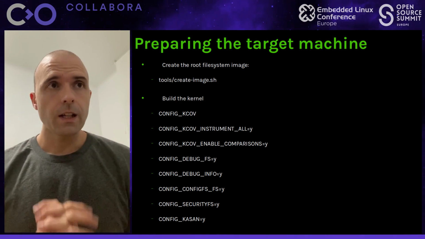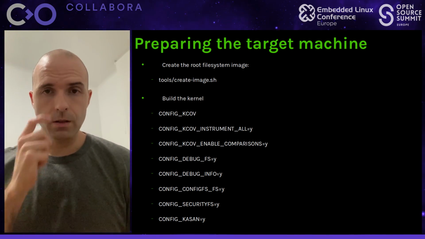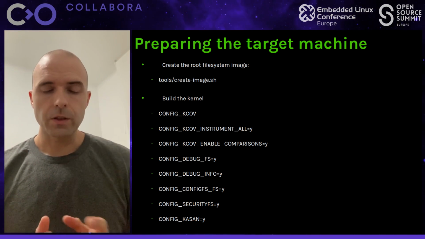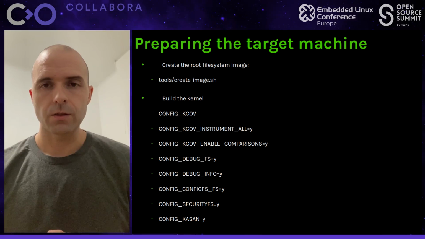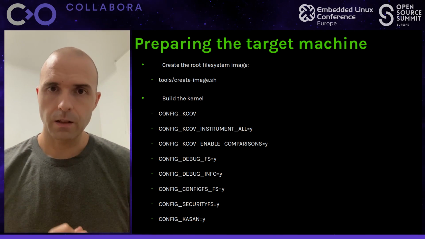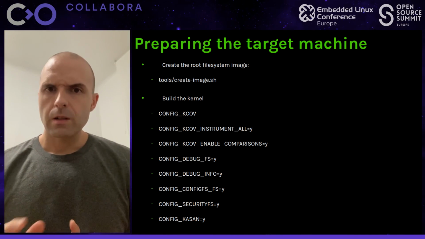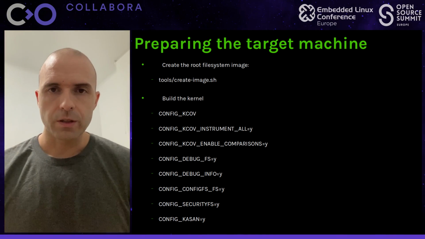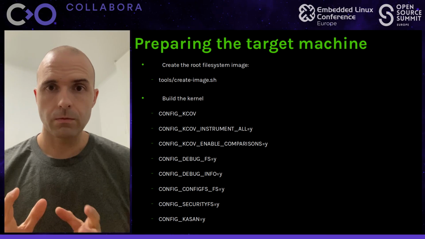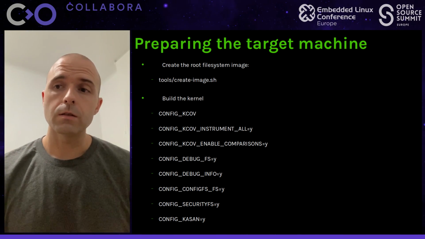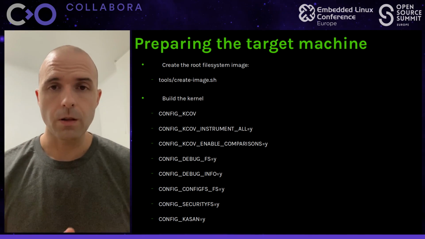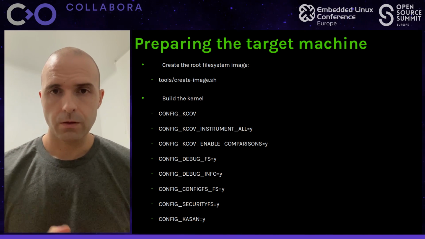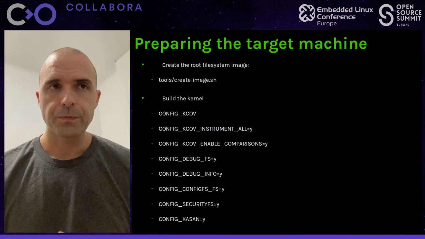So now that we have a general idea about Syzkaller, we're going to see how to use it for a specific use case, which is fuzzing a driver in a dedicated hardware board. Now, there aren't many requirements on the type of machine that we can use, as long as it can run Linux and that it has a network link with the host, because the host will open an SSH session to the target machine.